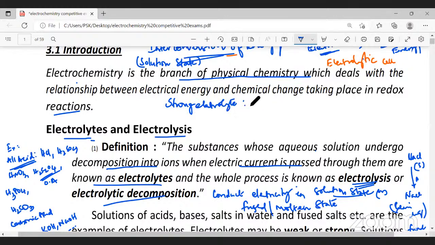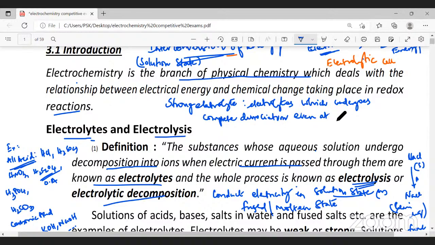These are electrolytes which undergo complete dissociation, even at dilution, is called a strong electrolyte.